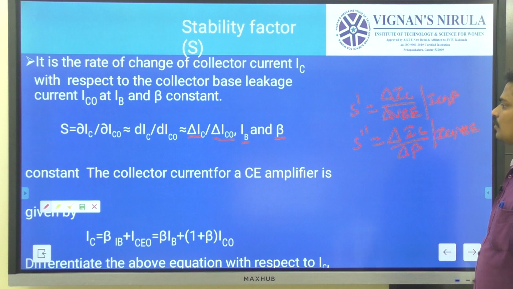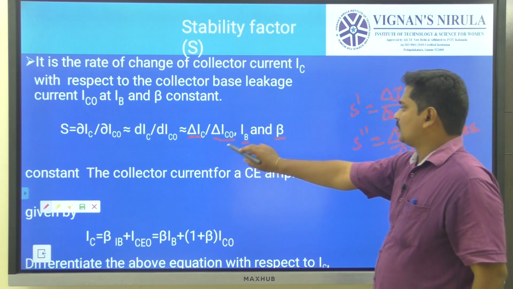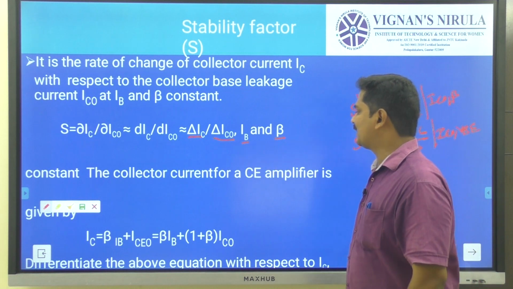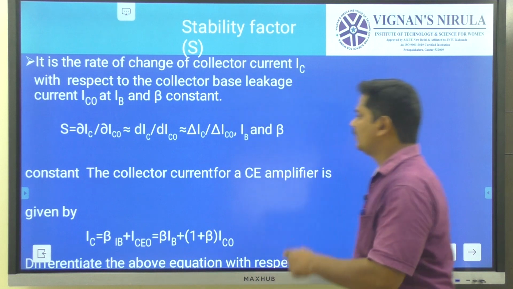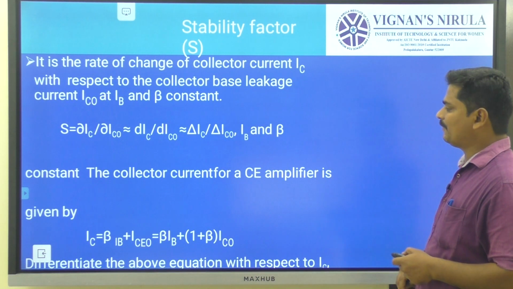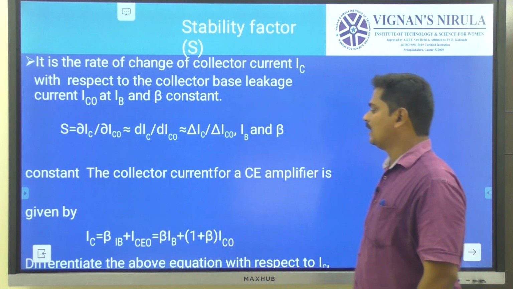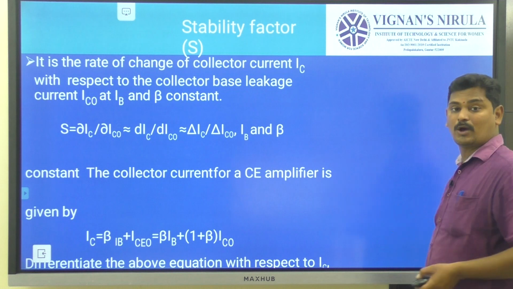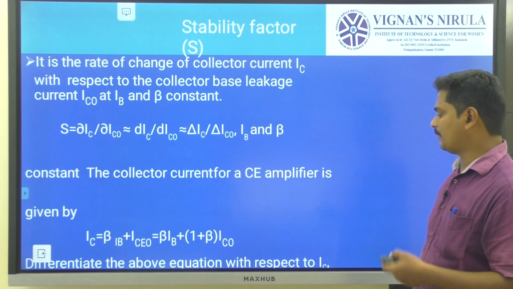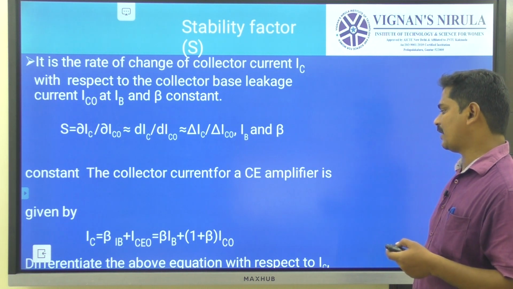Okay students, so if you see the formula, S, that is the stability factor, is equal to delta IC by delta ICO, with the others constant. The collector current for a common emitter amplifier is given by the basic formula that we already discussed: IC equals beta into IB plus ICEO, that is represented as IC equals beta into IB plus (1 plus beta) into ICO.